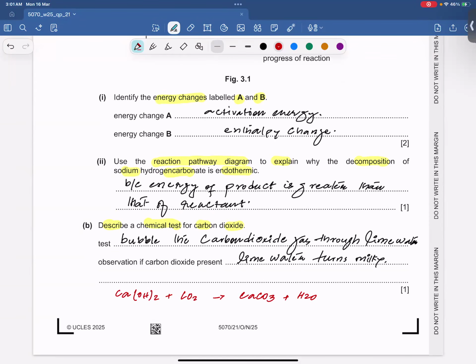Now, this calcium carbonate makes a milky or cloudy solution. And one more thing, this is an acidic gas, and this is an alkali. So, technically, it is an acid-base reaction, or acid-alkali reaction.